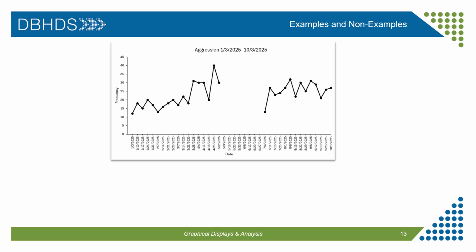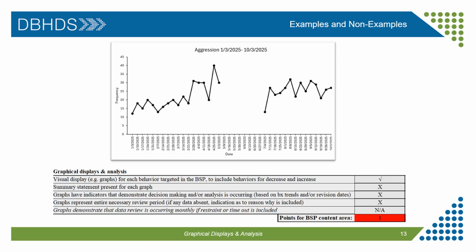The graphical display shown here was the only graph made available for review. Using the scoring criteria on the BSPARI shown on the previous slides, this plan scores one of the two possible checks for visual displays for each behavior targeted in the BSP, as there is only one graph for the behavior targeted for decrease and no graphical display for the behavior targeted for increase.